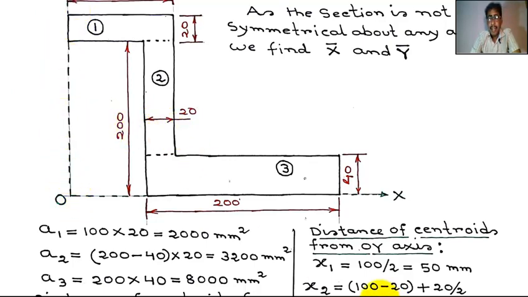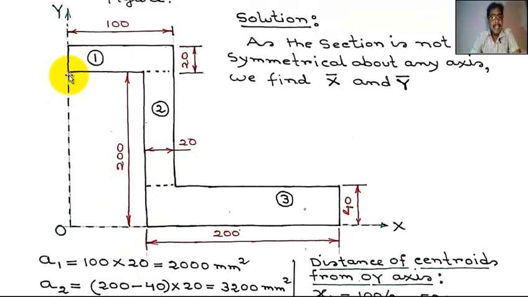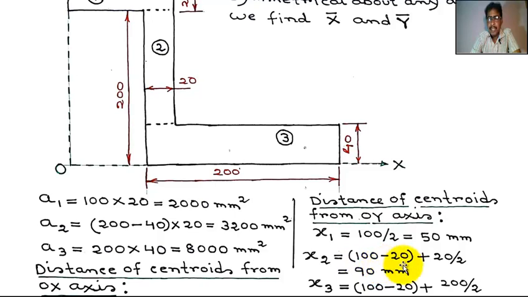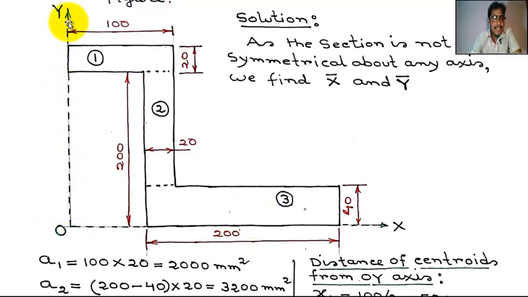This is 100, this is 20, means this is 80. 100 minus 20 plus 20 by 2 equal to 90 millimeter. x3 is the distance of centroid of rectangle 3 from OY axis.